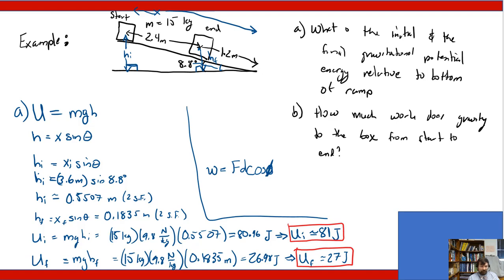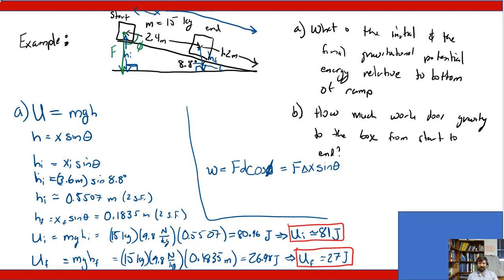So if I were to draw the force up here as a green arrow pointing in the direction of the force, this would be the force vector, and so this right here is angle phi. But notice that angle phi and angle theta are opposite angles on a right triangle, so we know that this is the same as F times delta x times sine of theta.